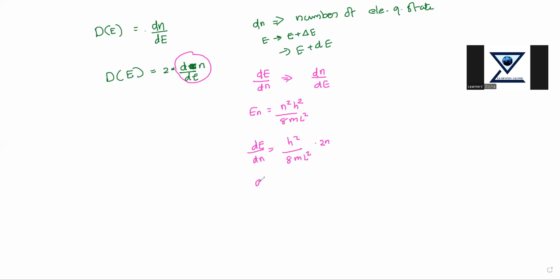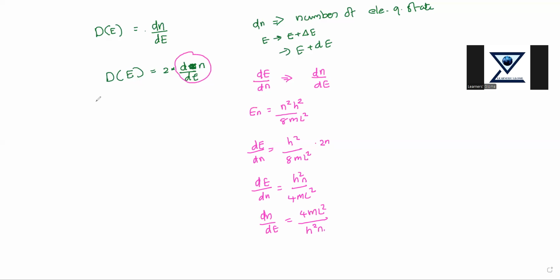That is d by dn equal to h square n divided by 4 ml square. Now take the reciprocal: dn by d is equal to 4 ml square divided by h square.